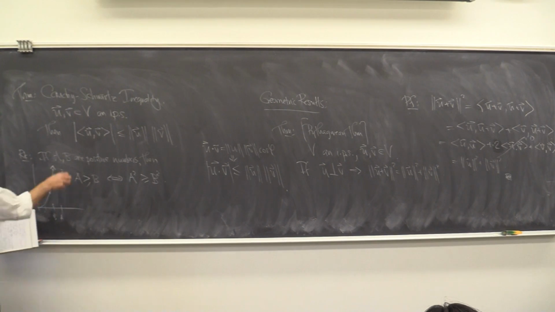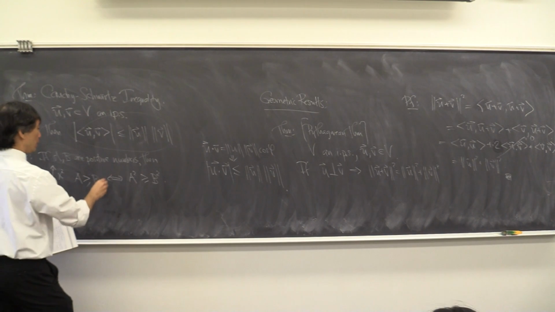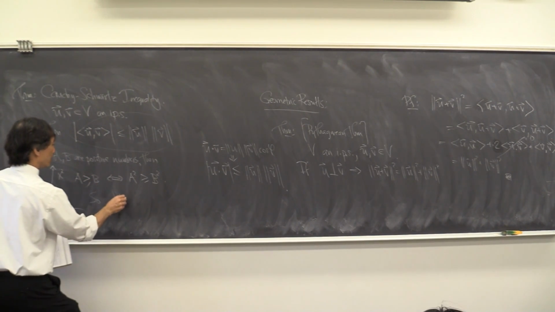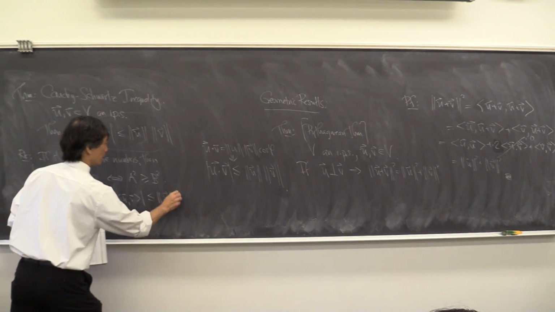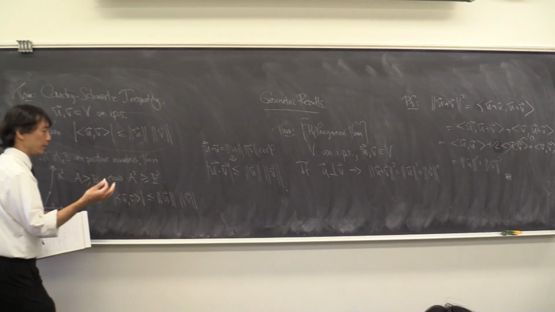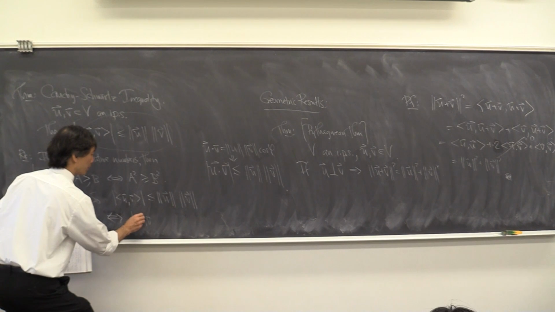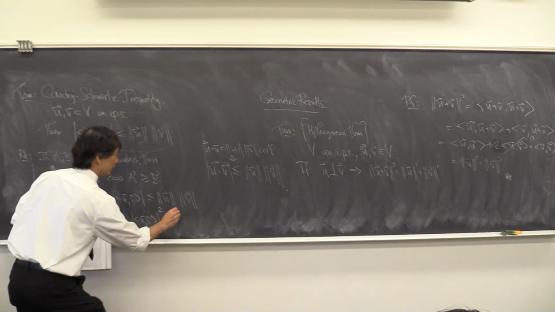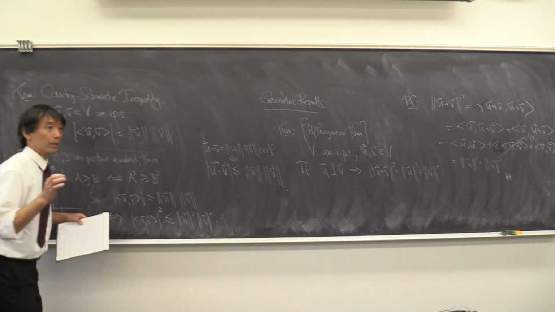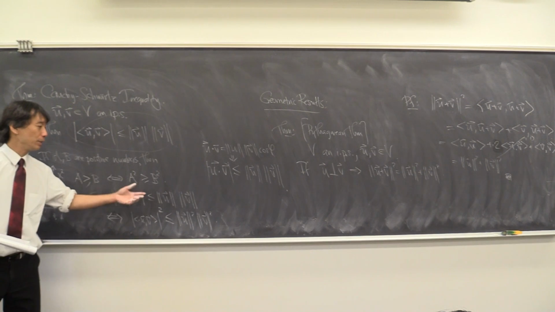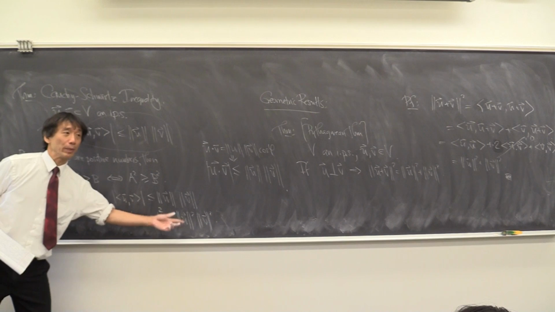The point of this is that this thing that we're trying to show is equivalent to this thing. Showing this is less than or equal to that is the same thing as showing that this squared is less than or equal to that squared.